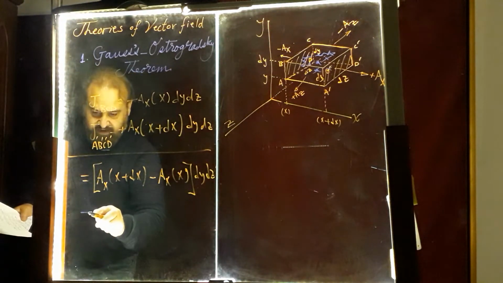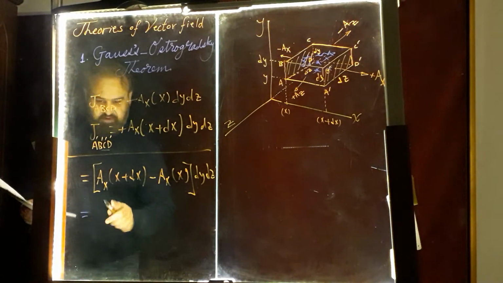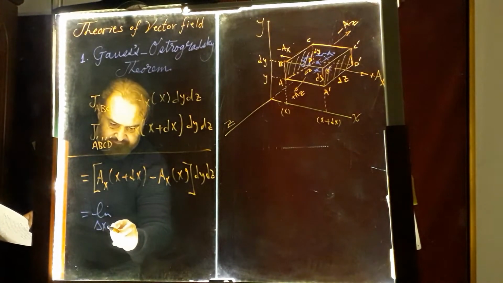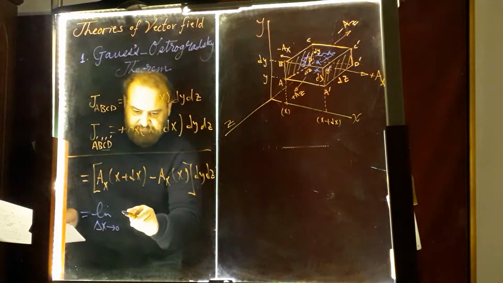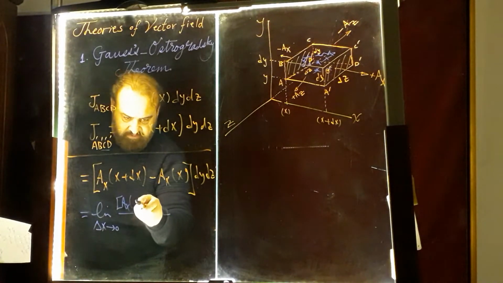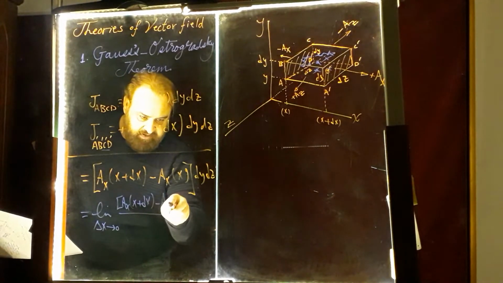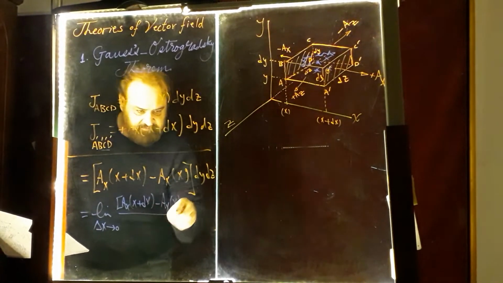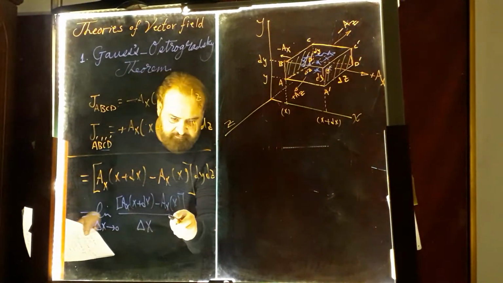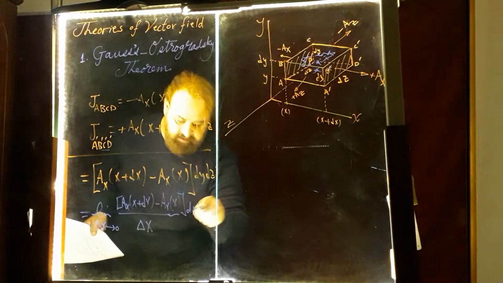This is equal, by Taylor, to the limit when delta x approaches 0 for A sub x of x plus dx minus A sub x of x over dx, times dx, dy, and dz.